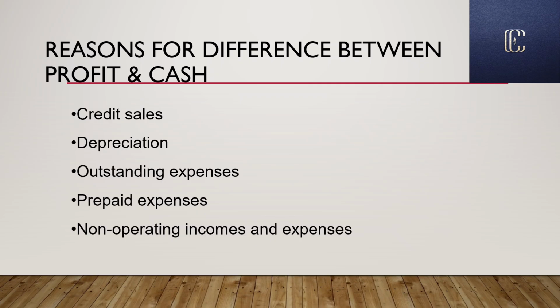Second reason is the depreciation. Depreciation is an expense in books, but no cash is actually paid. For example, machine value is rupees 1 lakh, depreciation charged rupees 10,000 per year.